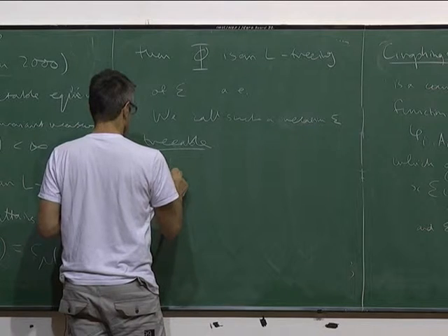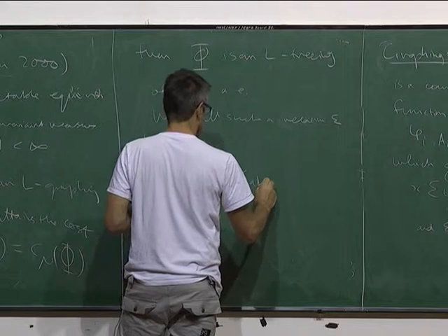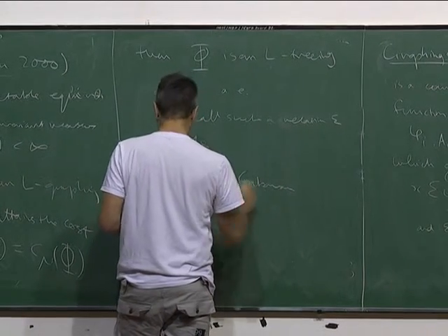So here are some of the results of Gaboriau on the costs of groups.